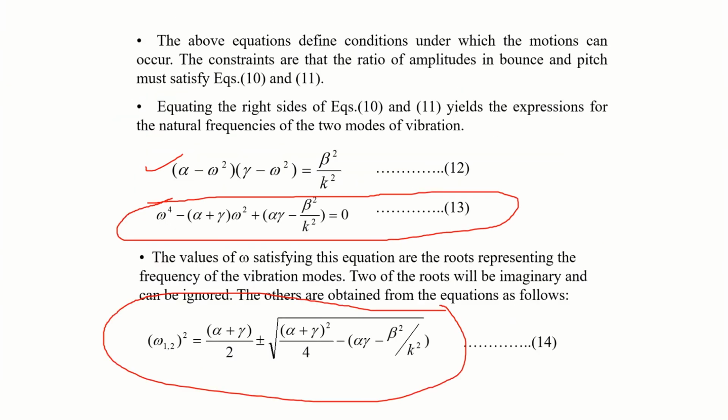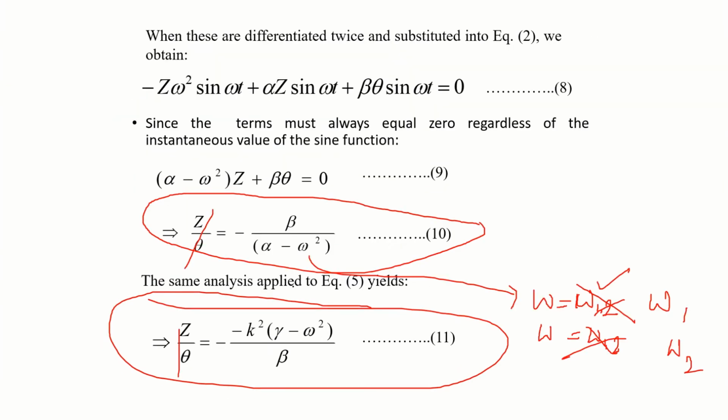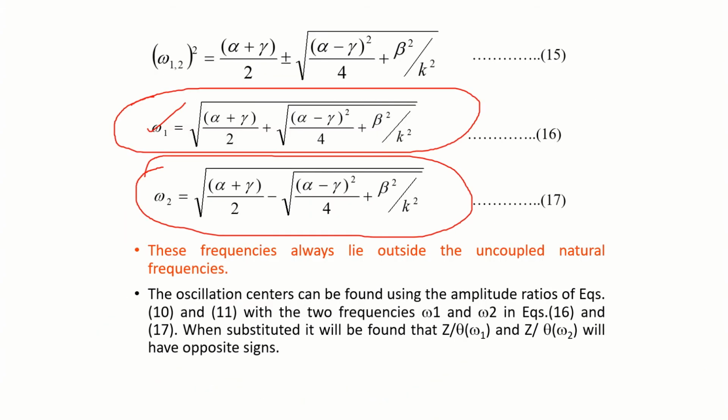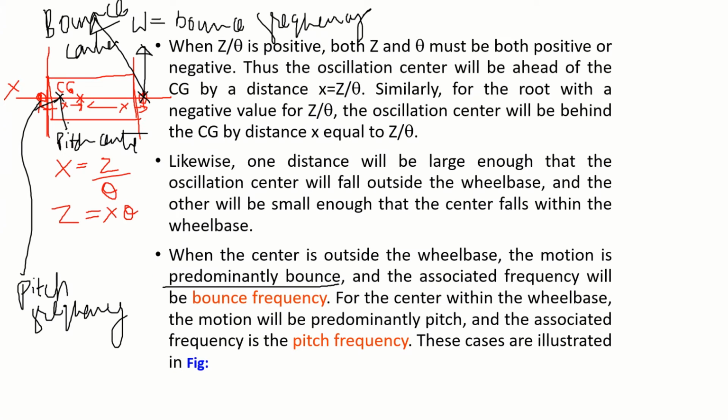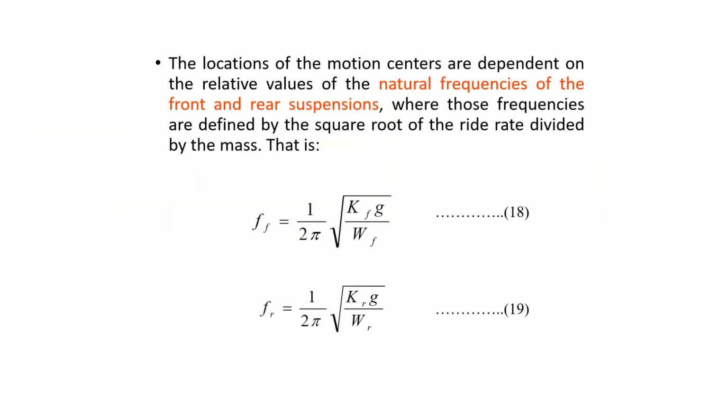Clear? For one particular frequency value, z by theta will become positive, so x equal to z by theta we can measure from here and mark that center. For the other value, it will become negative. So this is the bounce center, and this is the pitch center. The corresponding frequency is called the bounce frequency, and this is called the pitch frequency.